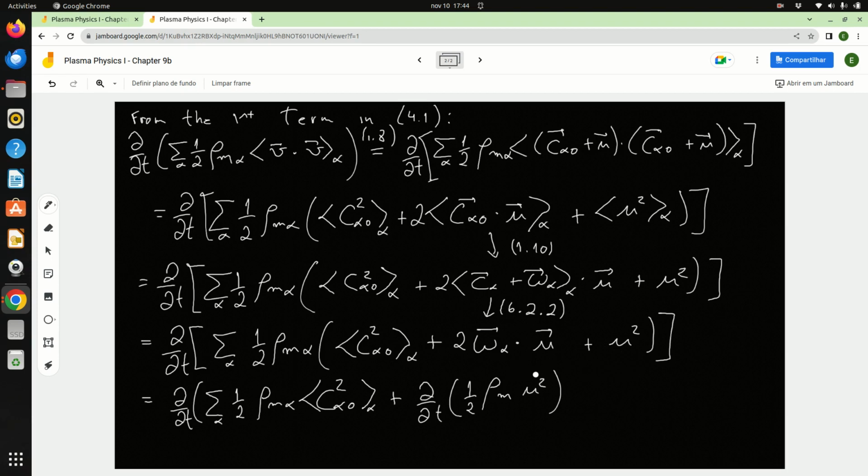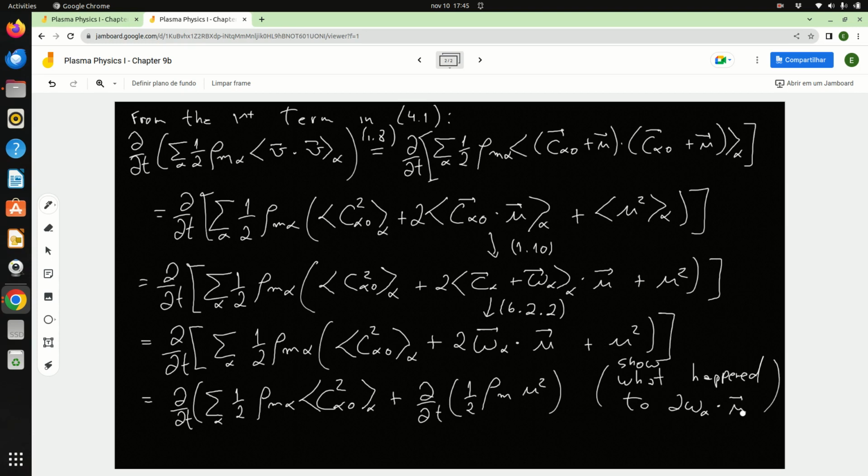This is a question mark for you. I have done it here, and it took me a few lines of algebra to show that this is actually 0. I'll leave it as an exercise for you. The book doesn't comment on this, but it's a nice exercise. So show what happened to this term.